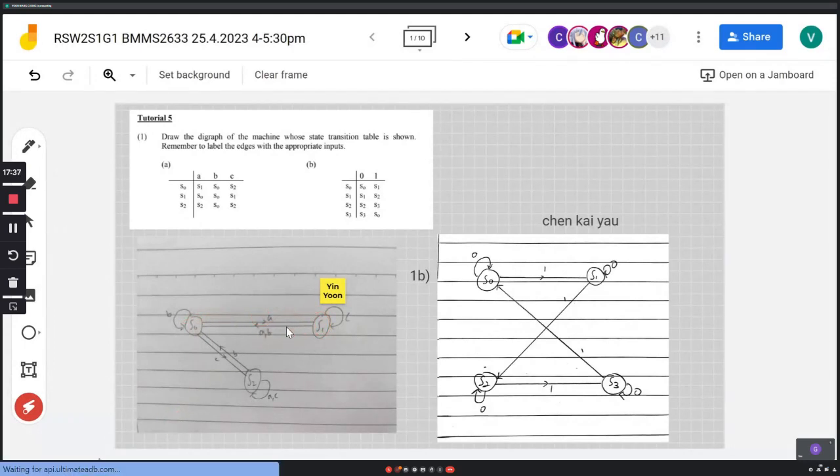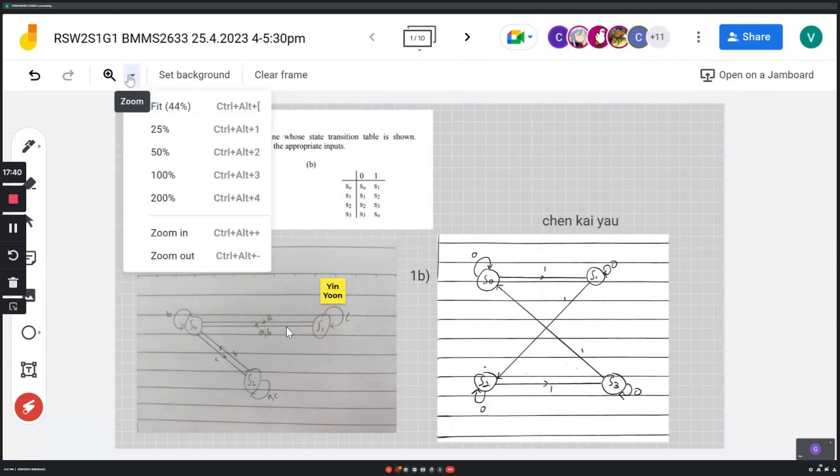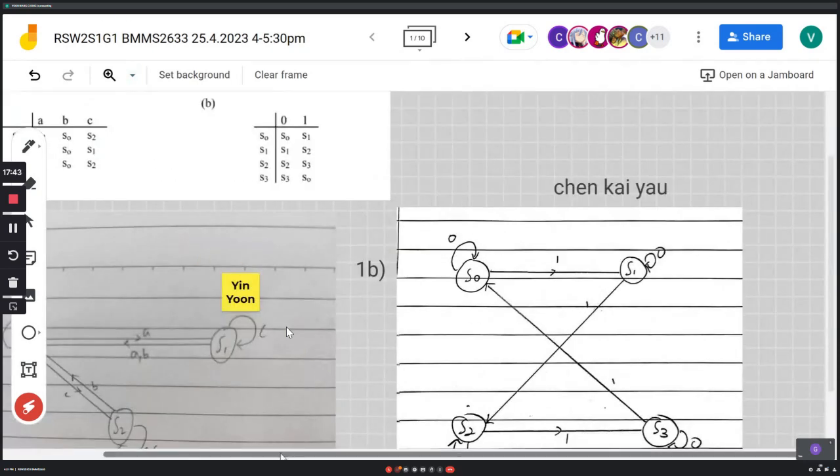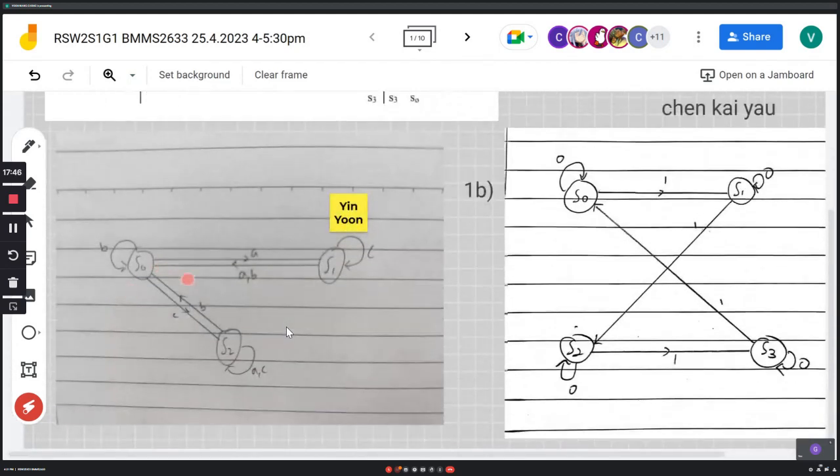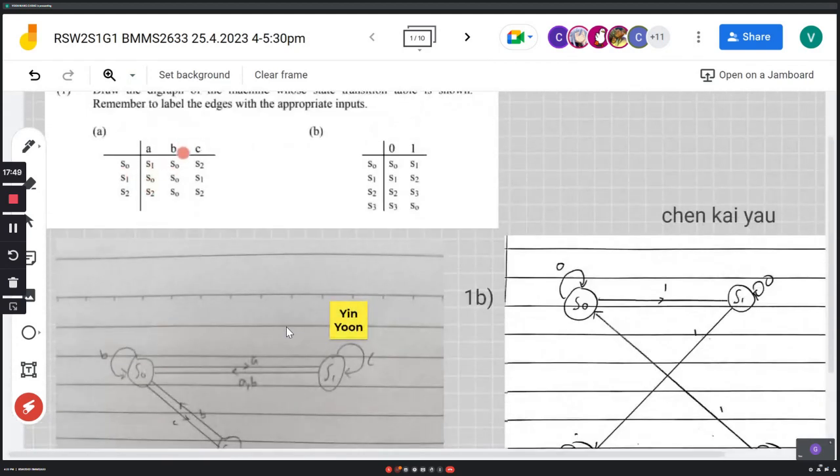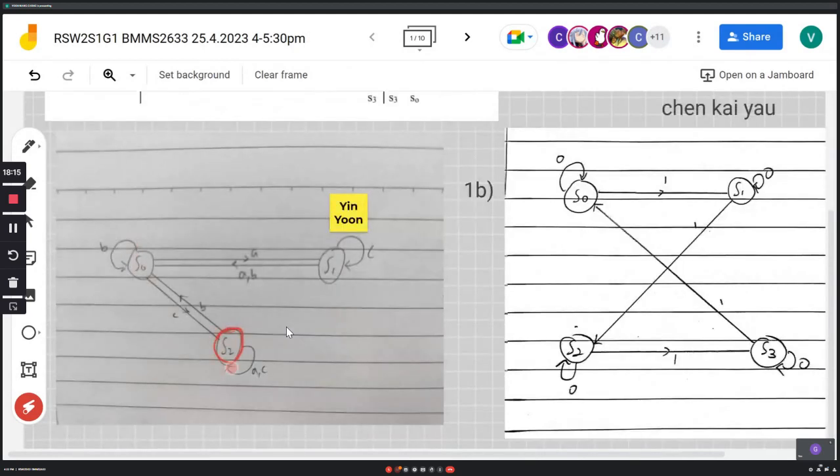This is input A. Look at S0 after the input B. It will remain at S0. No change, right? So we just draw a loop, going back to S0. Okay, input B. And then for the input C, S0 will change to S2. So here, S0, input C, goes to S2. This is the input C.